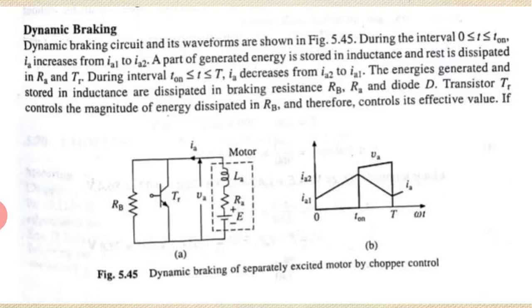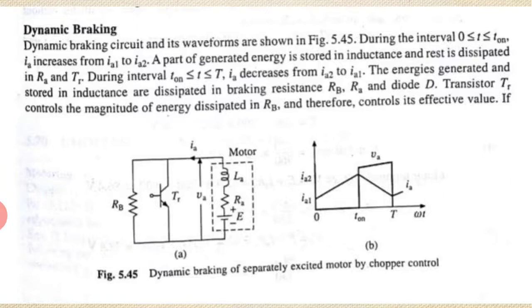The motor gets shorted through this transistor, and IA increases from IA1 to IA2 as shown in figure B. Because the switch is connected across the motor, the current rises. A part of the generated energy is stored in the inductance and the rest is dissipated in RA and TR.